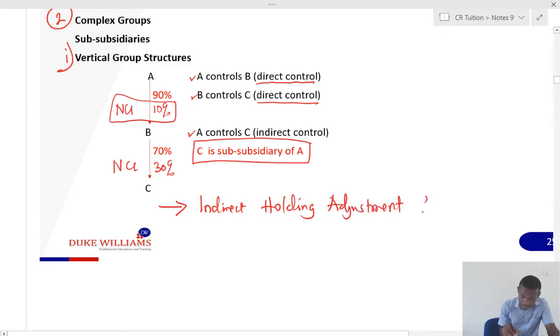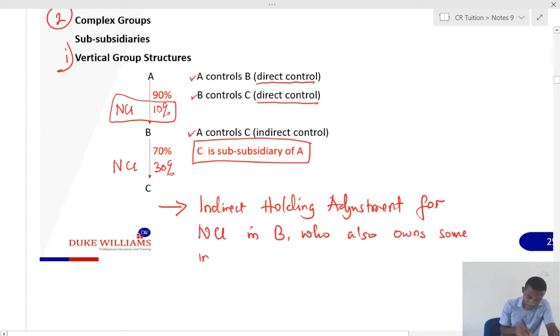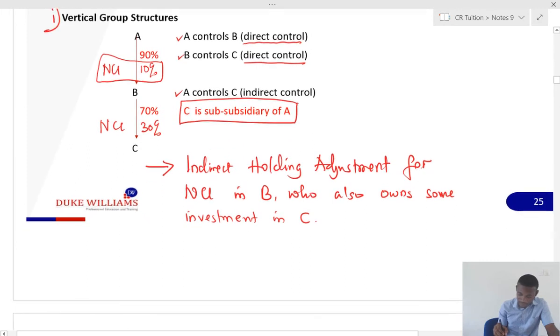Indirect holding adjustment for NCI in B's who also owns some investment in C. And please, this is a very important principle at this early stage I want you to pick.